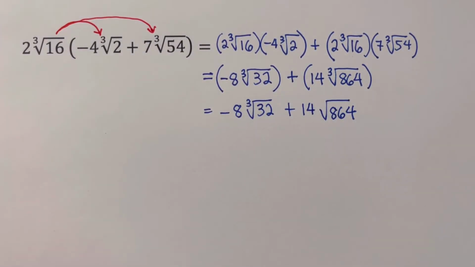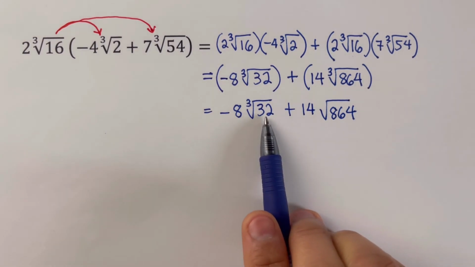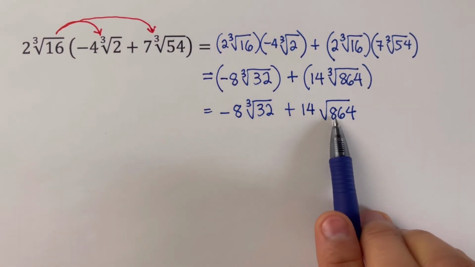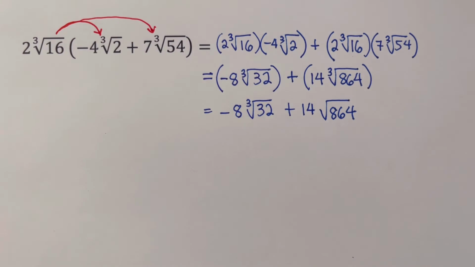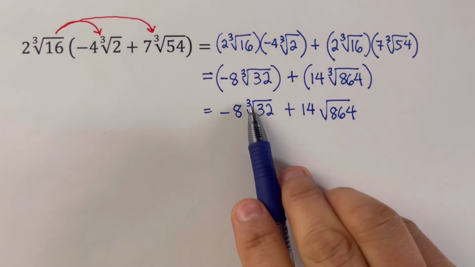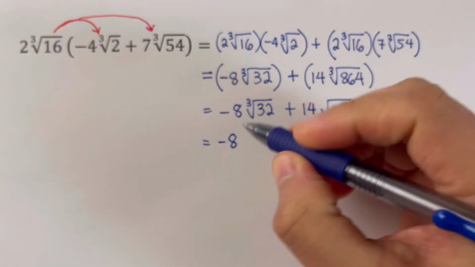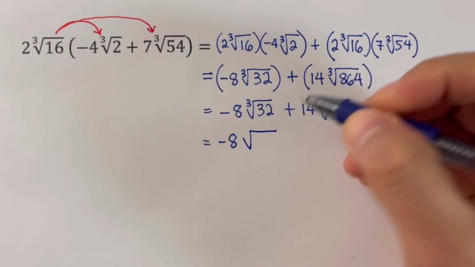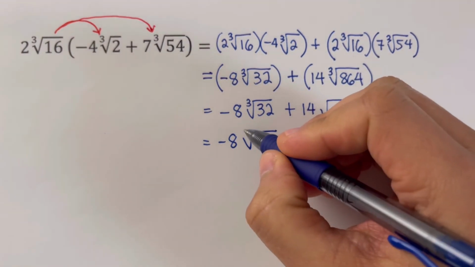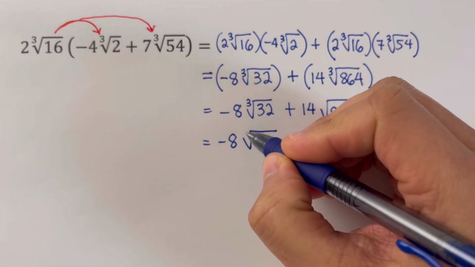Okay, so what we do now is we are going to factor this 32 and this 864 in such a way that one of the factors is a perfect cube, because this is a cube root. So this would come out negative 8. The factors of 32 with a perfect cube in it is 8 and 4.